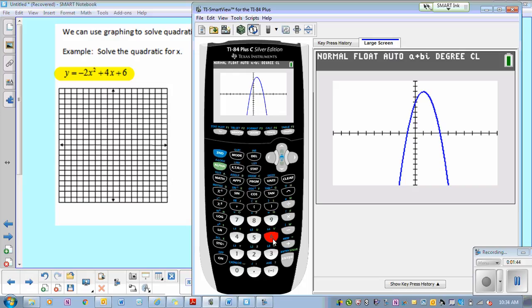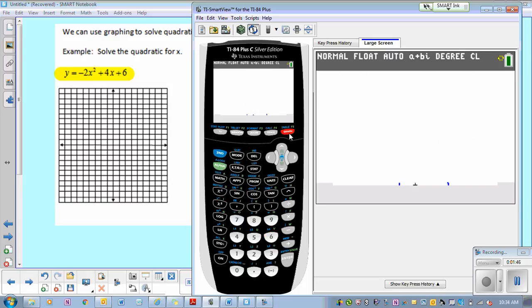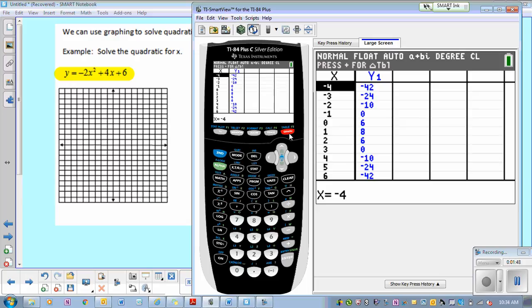So let's double check. Let's go to our table, second graph. When I go to -1, what's my y number? 0. Then that is the x-intercept. That's how I know.